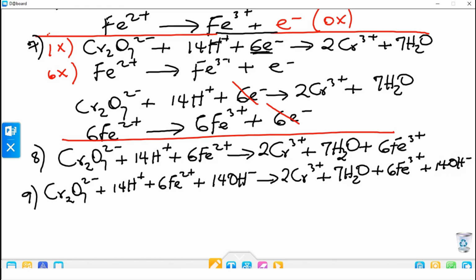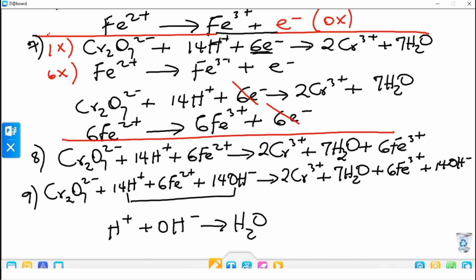Now if we are to rearrange the equation very well, since we have 14H and 14 OH, whenever H and OH come together, they actually cancel out each other by forming H2O. That is how the reaction goes.